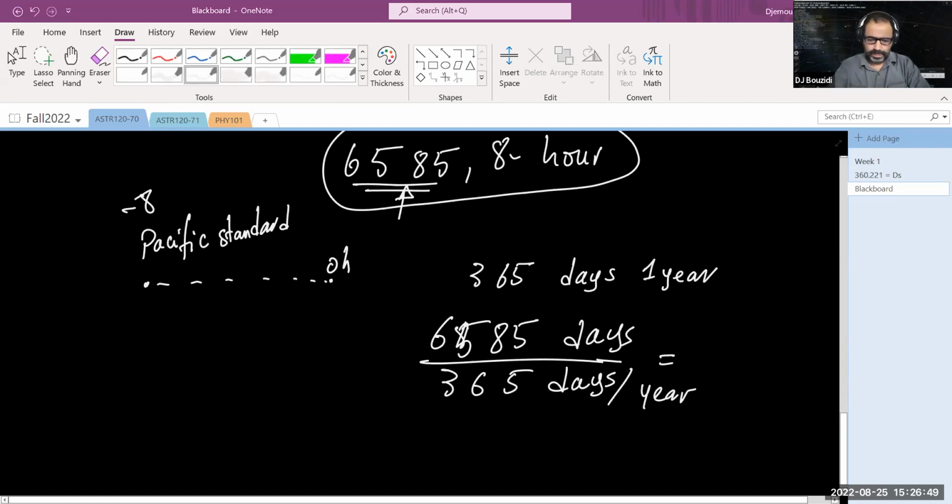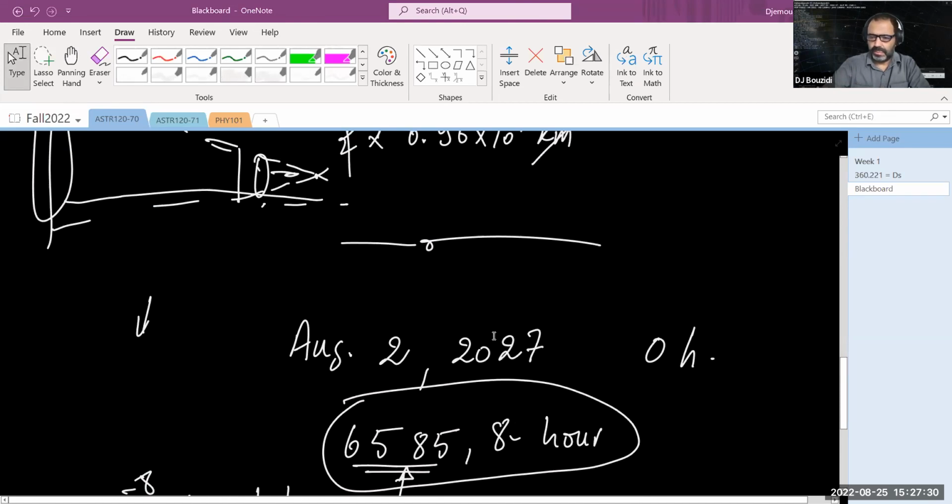If I do the math, and I hope that you guys are doing it with me, 6,585 days divided by 365 gives me 18 and some change, 18.04 something. I don't care about the decimals. I just want the number of years. So it's saying 18 years after this year, 2027.